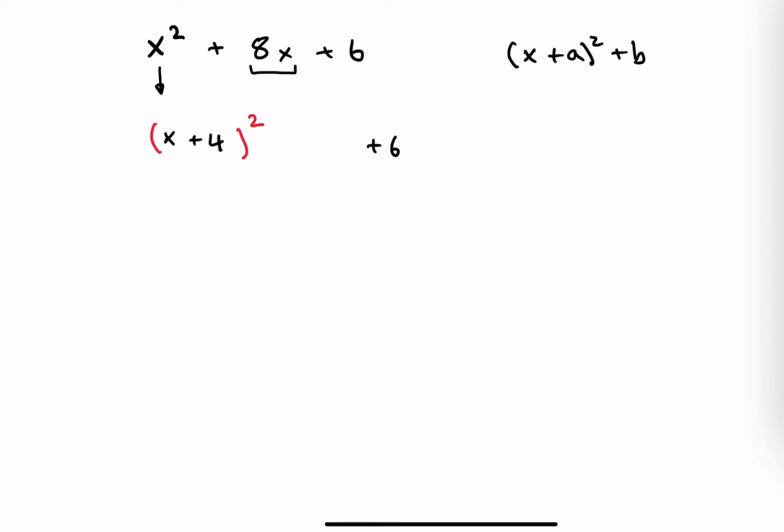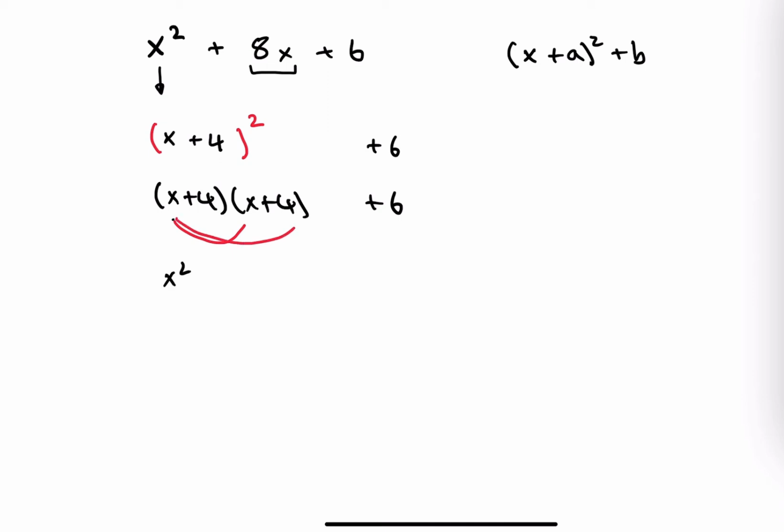Now, if we quickly expand this and compare it to the original, let's see what happens. If we leave it like this, we get (x plus 4)(x plus 4) plus 6. From the previous video on expanding brackets, we know we do x times x, which is x squared.